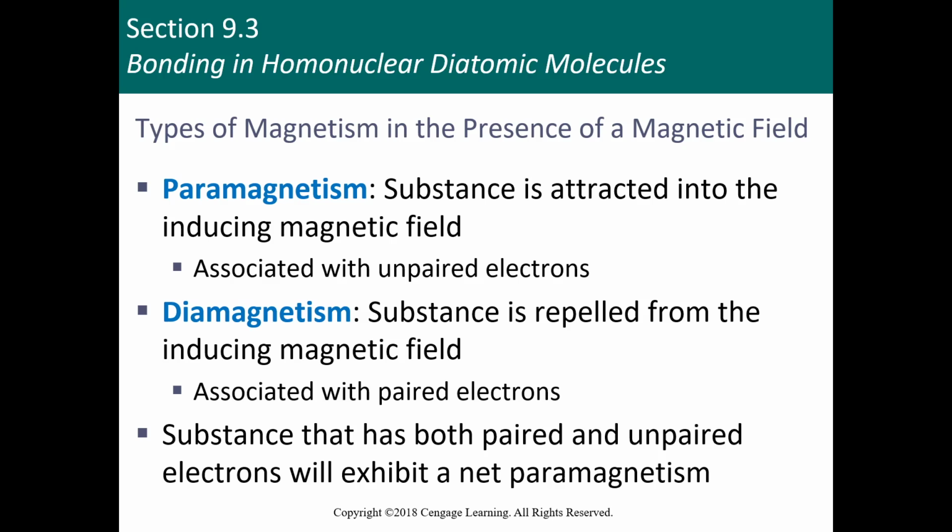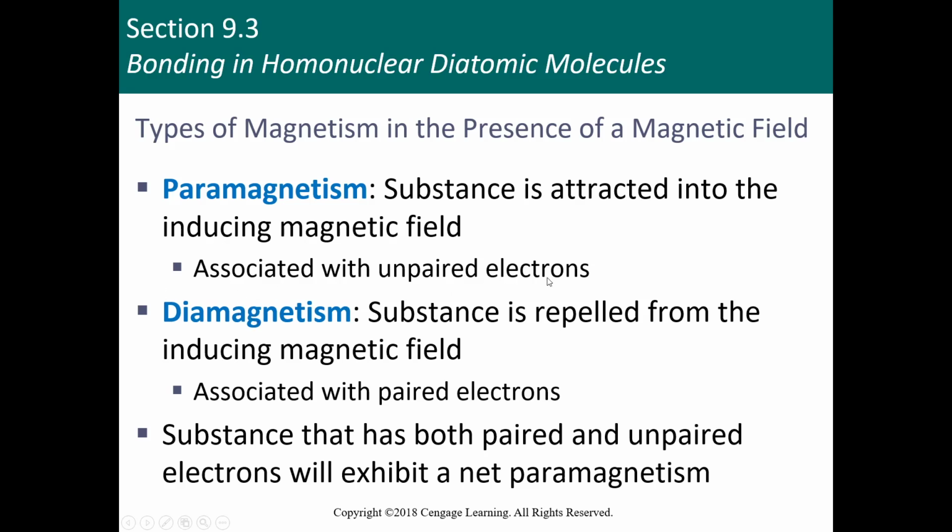So paramagnetism is going to be a substance that is attracted into the inducing magnetic field. So if you put a paramagnetic substance between 2 poles of a magnetic field, usually has to be fairly strong, it will actually pull that substance into a tight band between these 2 magnets and cause it to line up in there. Diamagnetism.